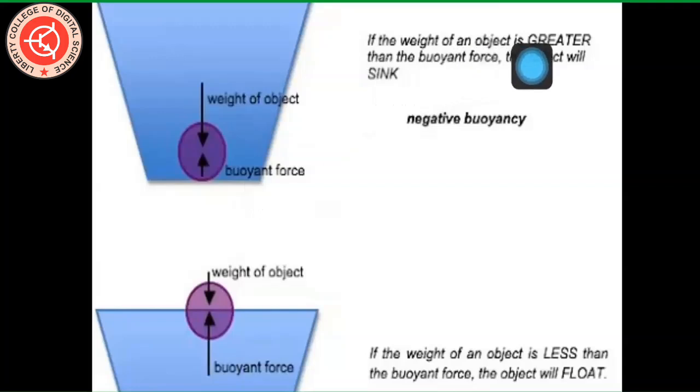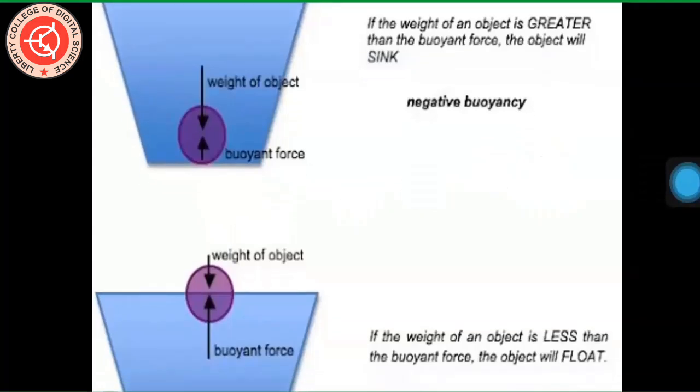These are now the conditions for flotation. If the weight of an object is greater than the upward force by the fluid, then the object will sink, because the downward force is going to knock down the lesser upward force. You can see that from the diagram.